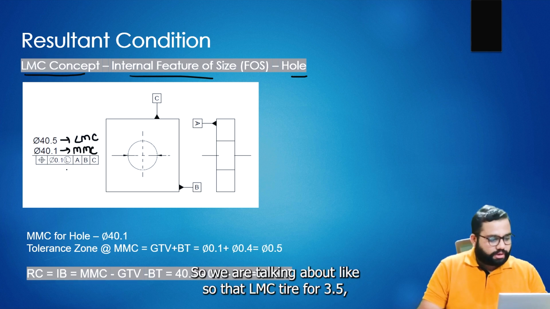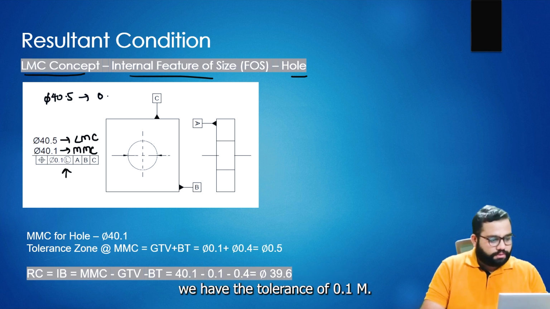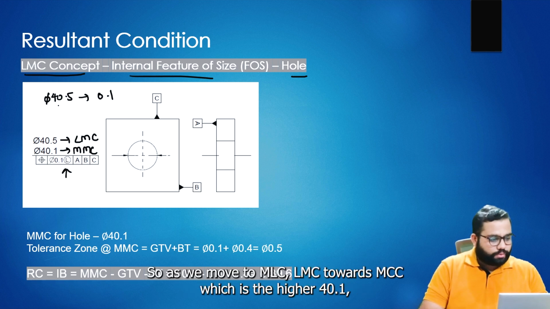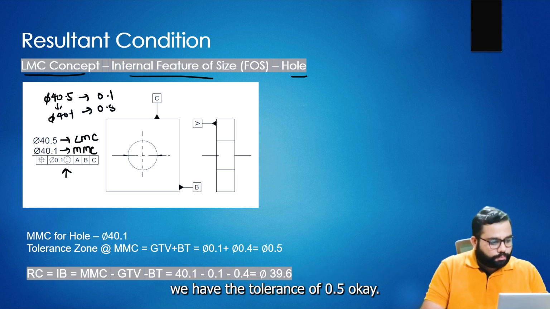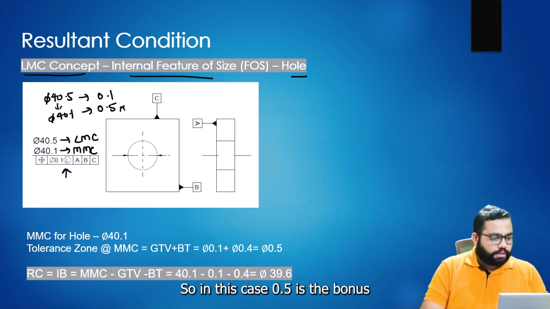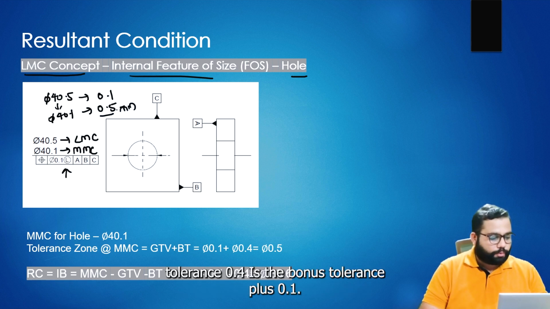At LMC dia 40.5 we have the tolerance of 0.1 mm. As we move from LMC towards MMC, which is dia 40.1, we have the tolerance of 0.5 mm. Here 0.5 includes the bonus tolerance, 0.4 mm plus 0.1.